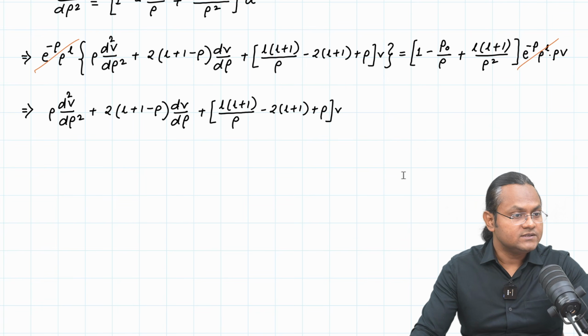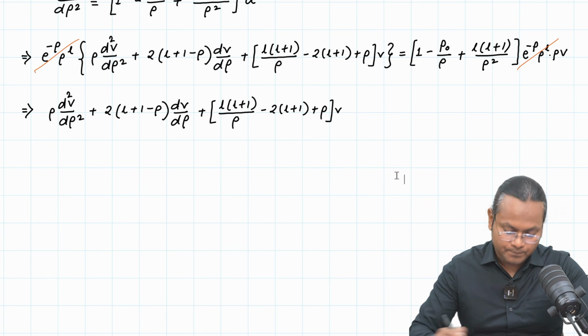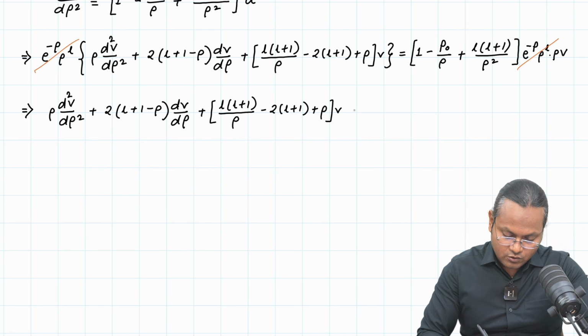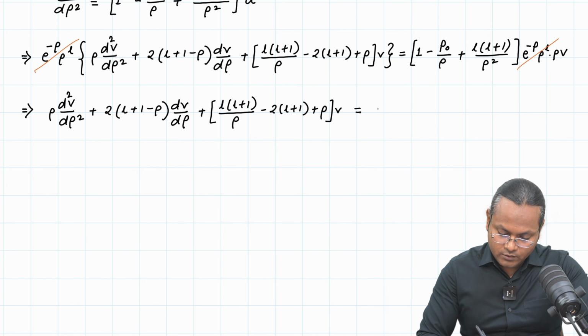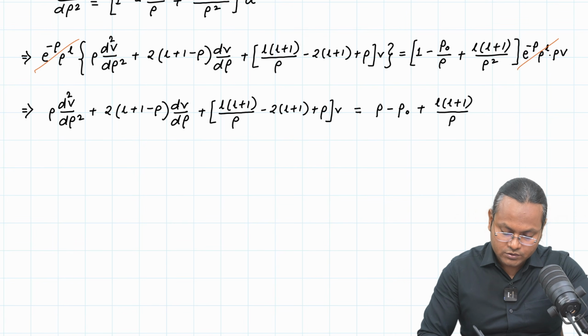And on the right hand side, we have the expression of rho minus rho naught plus L plus 1 upon rho times v.